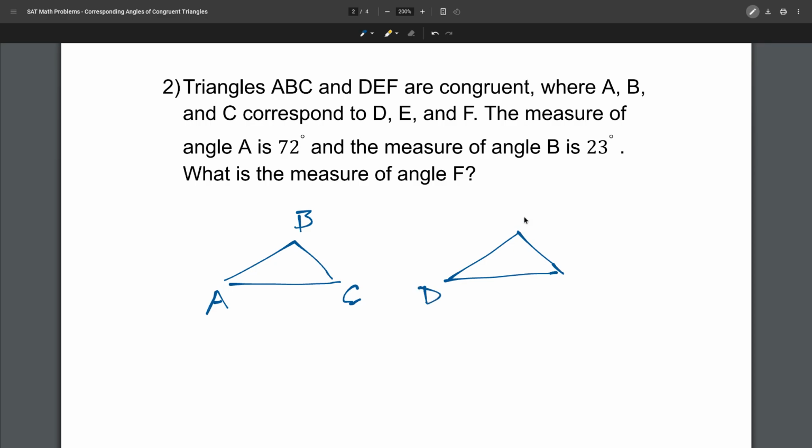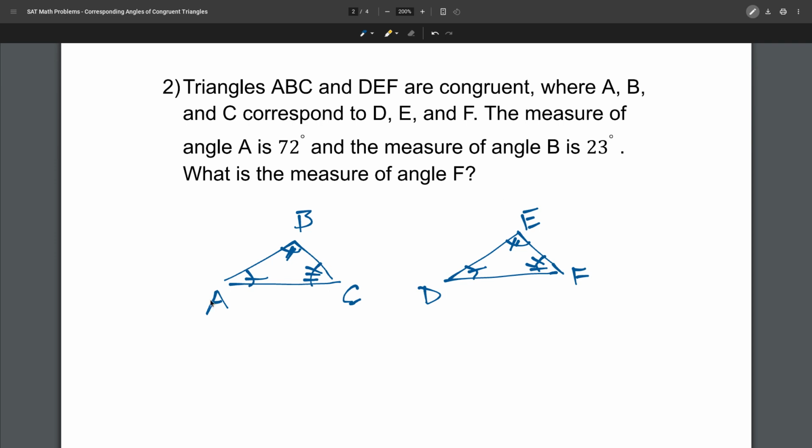A, B, and C correspond to D, E, and F. So A is congruent to D, B is congruent to E, and C is congruent to F.